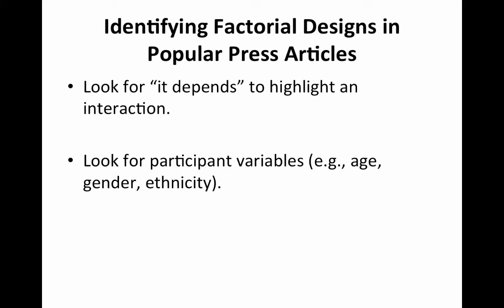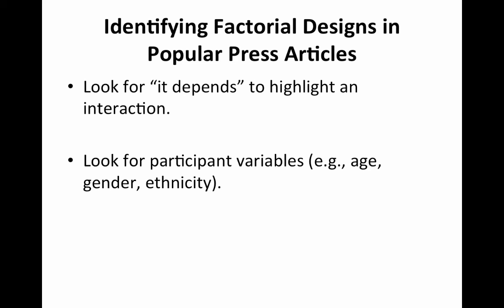In the popular press, you can look for it depends, and also you should be looking for participant variables. The reason you want to do that for age, gender, and ethnicity and so forth is because people aren't always careful about drawing causal conclusions. In an experiment where you randomly assign people to treatment conditions, you can talk about causal conclusions if the experiment is designed well.